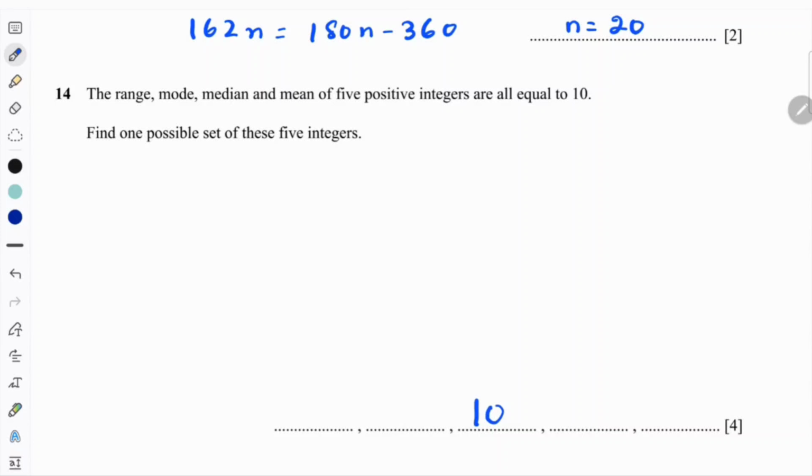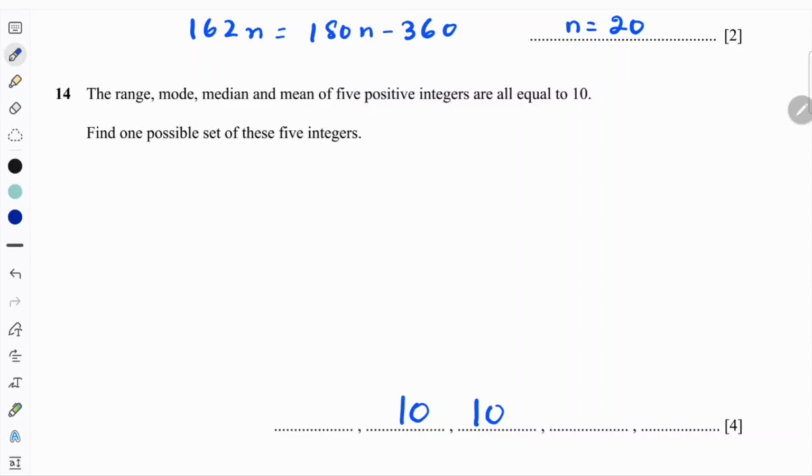The mode is also 10, so I write down 10 before this and then see what happens. The mode is 10, so I write 10 twice. Median is 10, so it's in the center.